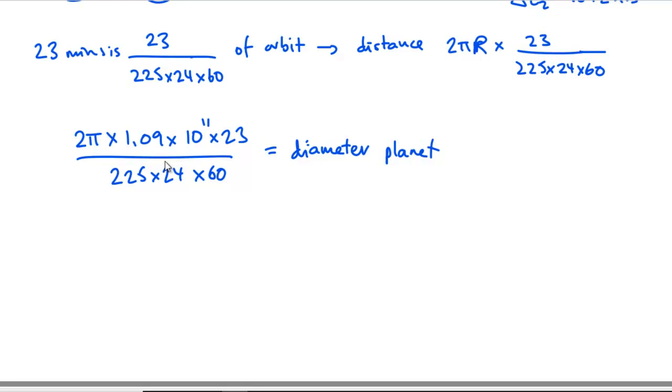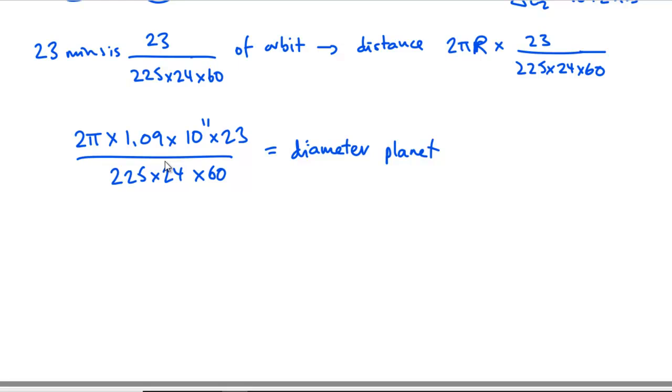So let's type all of this in. That's quite a lot again. So we've got 2 times pi times 1.09 times 23, divided by 225, divided by 24, divided by 60, gives 4.86 times 10 to the 7.